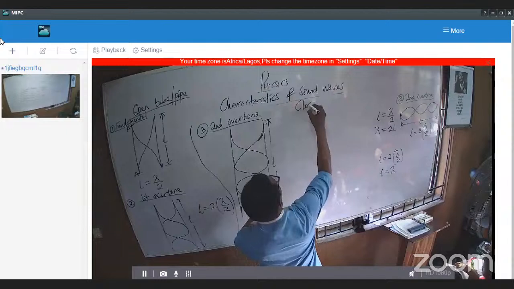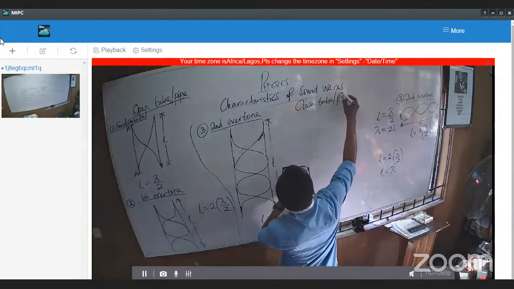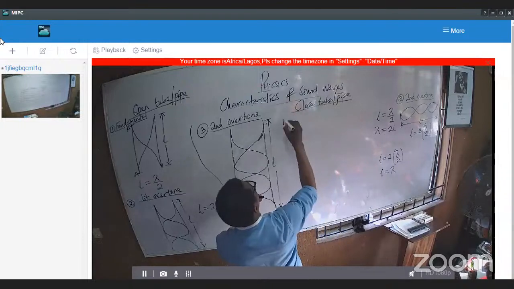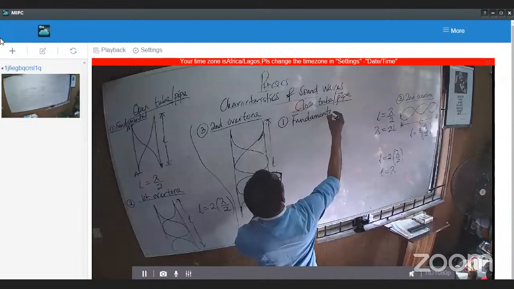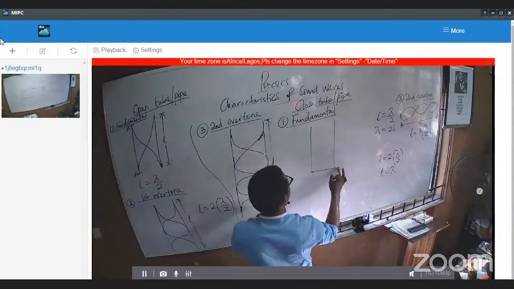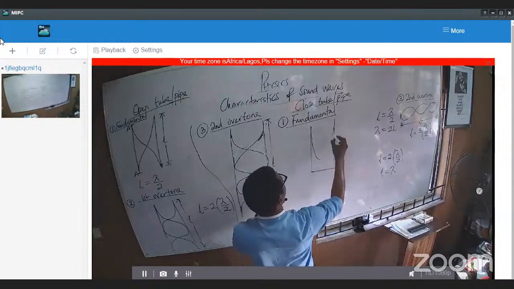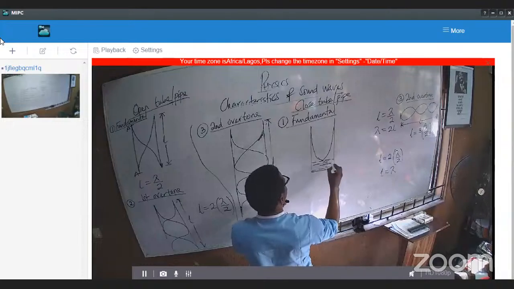Closed tube, closed pipe. Fundamental. This one is the only one different from the other. This one is lambda over 4. So why? Antinode and node.